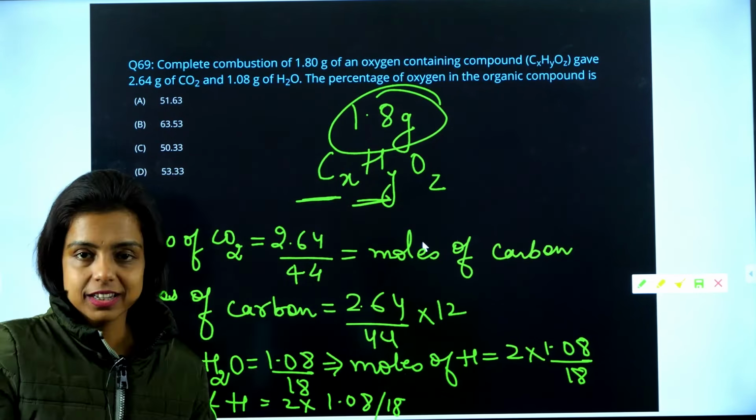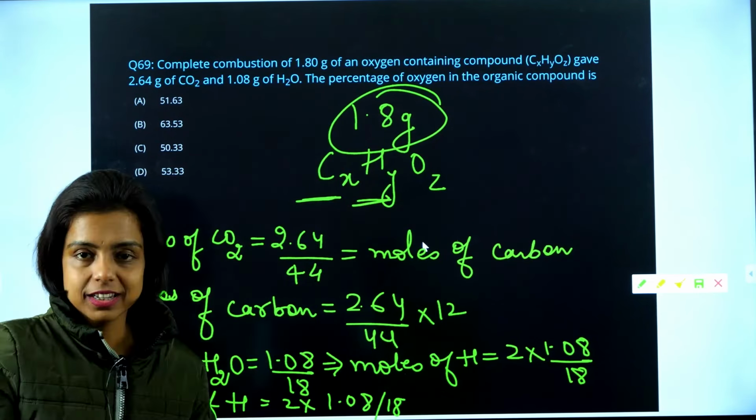The total mass of the compound containing 3 elements is 1.8, so by subtracting the mass of carbon and hydrogen, you get the mass of oxygen, and hence you can calculate the mass percentage. So you get 0.96 grams of oxygen. The mass of oxygen divided by 1.8 into 100 comes out to be 53.33.